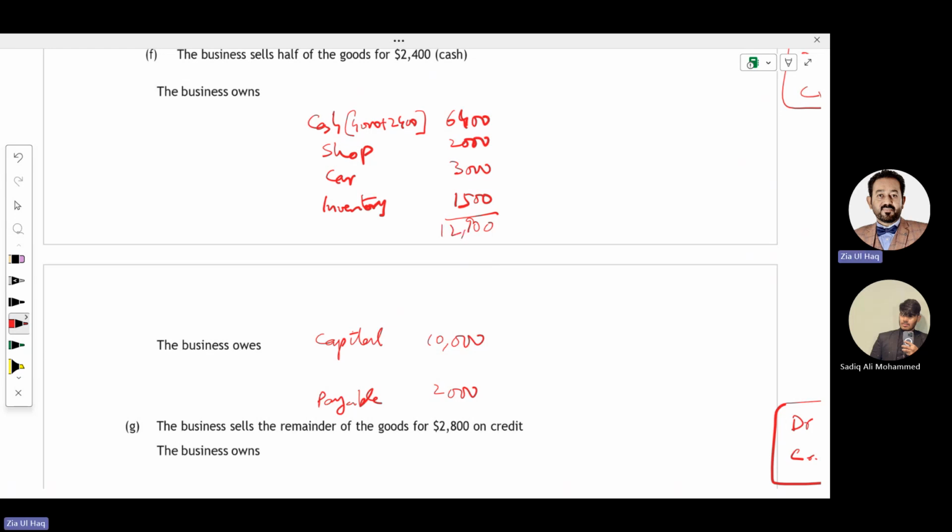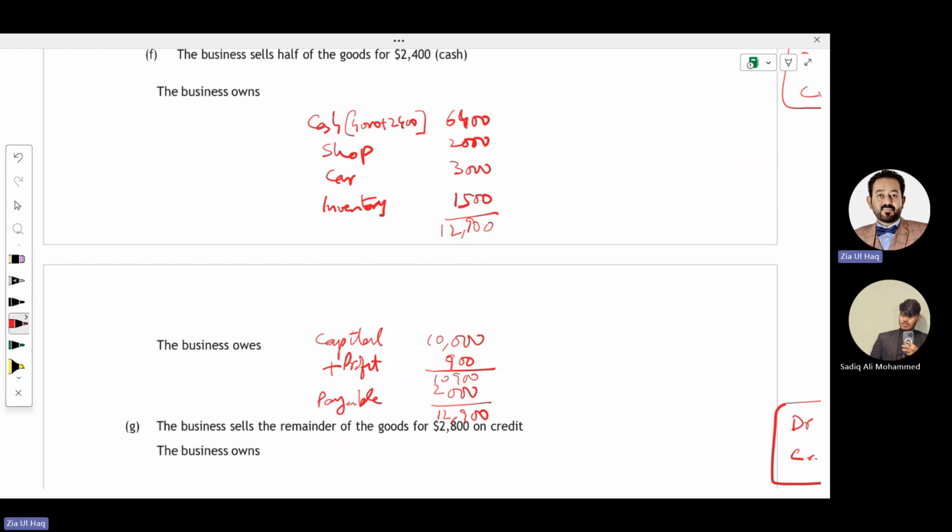While on the other side, it's 12,000. What is the difference? 900. That 900 we will record here and we will call it a profit. That will be added to capital. Means this will become 10,900 plus 2,000 will become 12,900.